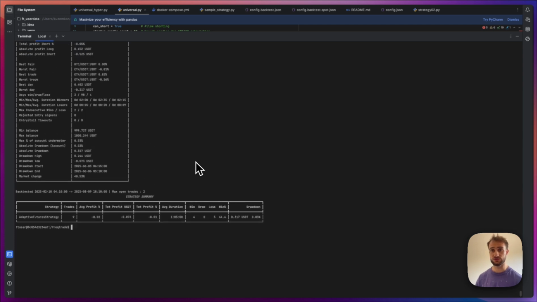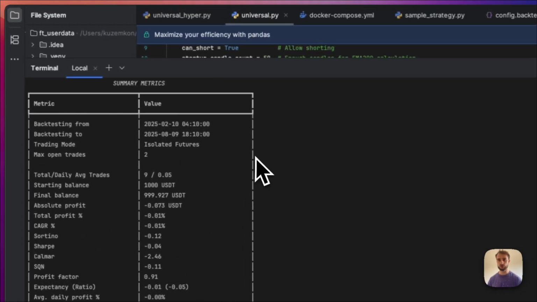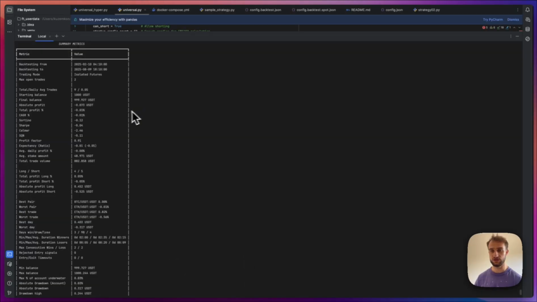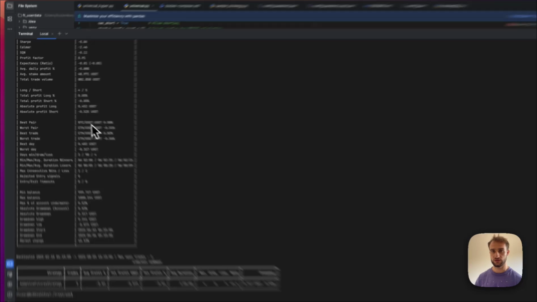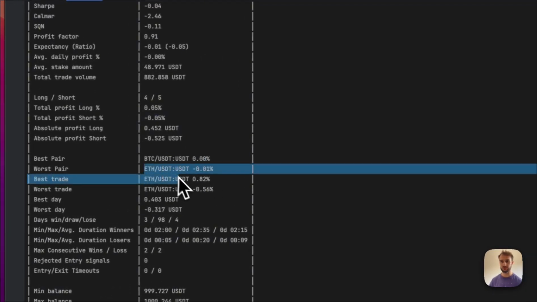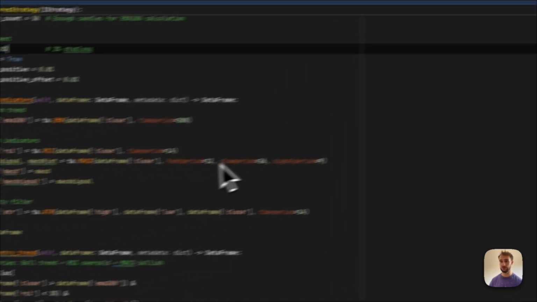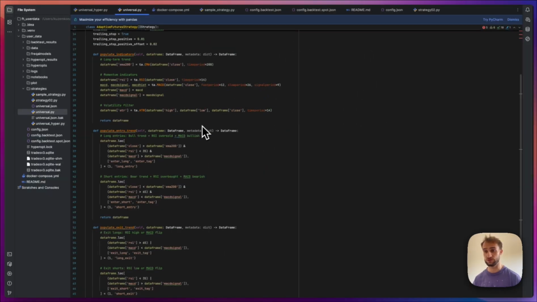But we have more losses than gains, and let's see why. This strategy has been running from February till August, with a 1000 USDT starting balance. BTC made 0 profit and ETH was unprofitable. That's interesting because the strategy is meant to be adaptable to different market conditions.